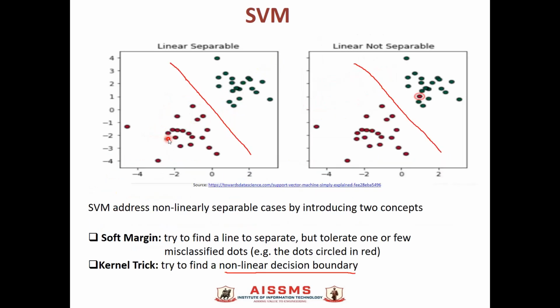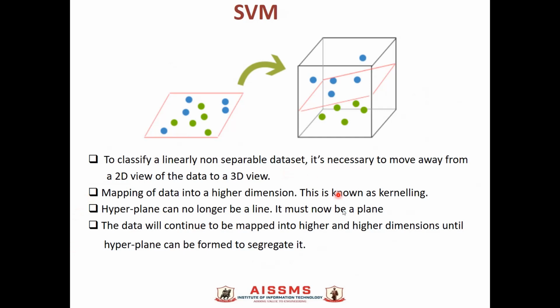In the earlier case we used a line in two-dimensional space, but if we map the data points into higher dimensional space, then it will not be a line, it will be a plane. The data will continue to be mapped into higher and higher dimensions until a hyperplane can be formed to segregate it. That is the difference between the kernel trick and a soft margin.